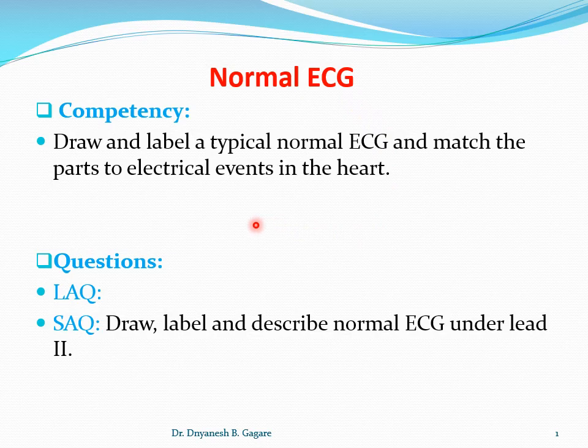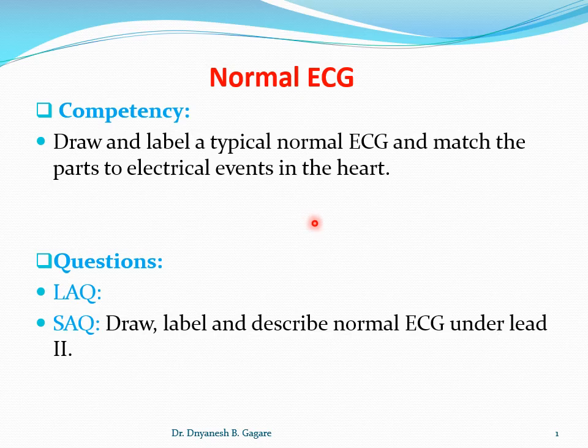At the end of this class, students should be able to draw and label a typical normal electrocardiogram and match the parts of electrical events in the heart. So at the end of this class, you should be able to draw the normal ECG.